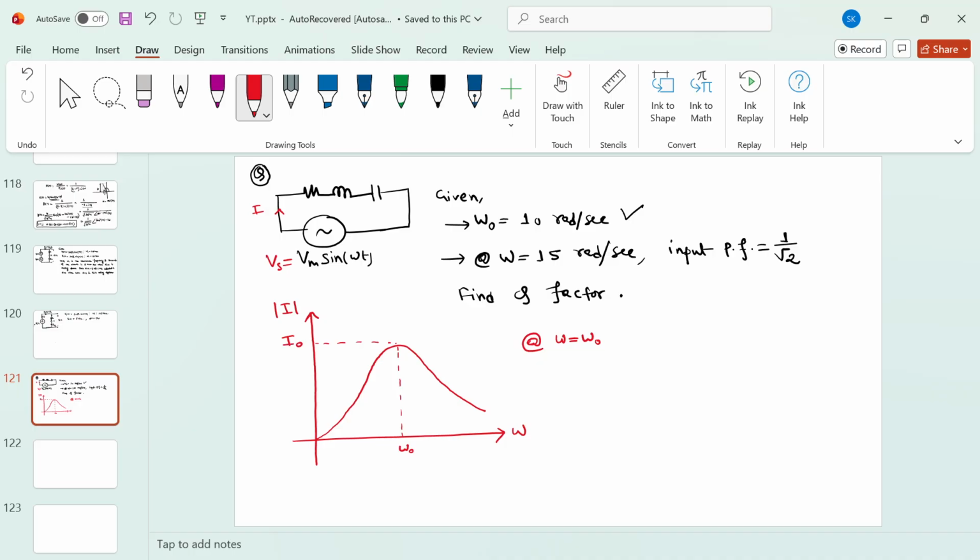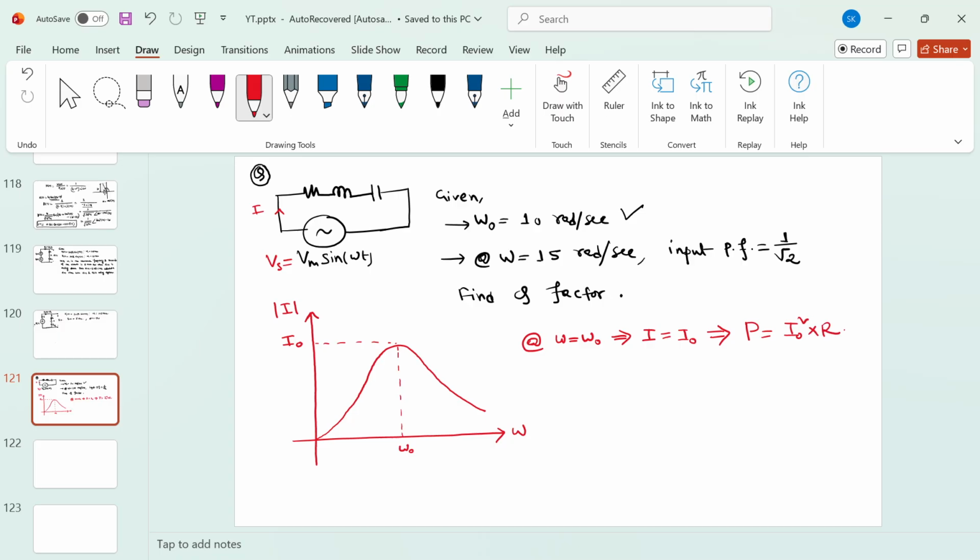This is the maximum RMS current. The magnitude is I naught, the maximum value. In this case your power delivered will be maximum: P is equal to I naught square into R.